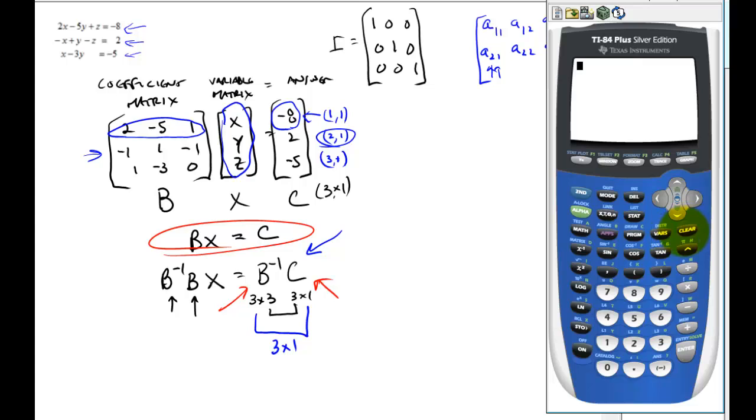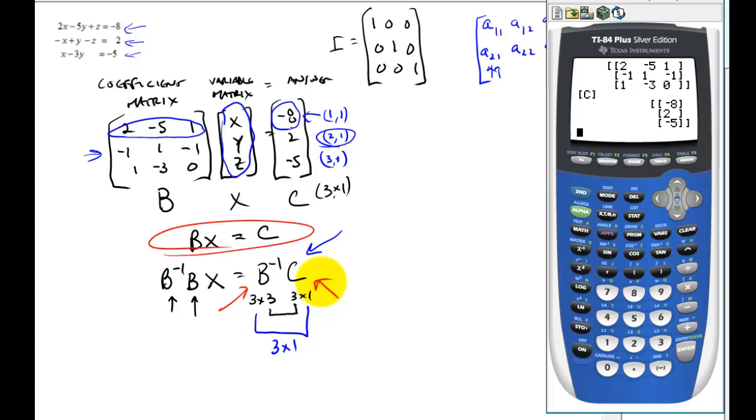Let's clear this out. I'm going to go second matrix, and let's look at 2. See right there? 2, negative 5, 1. Negative 1, 1, negative 1. That's my coefficient matrix. And if I do second matrix and go to 3, matrix C, that's my answer matrix.